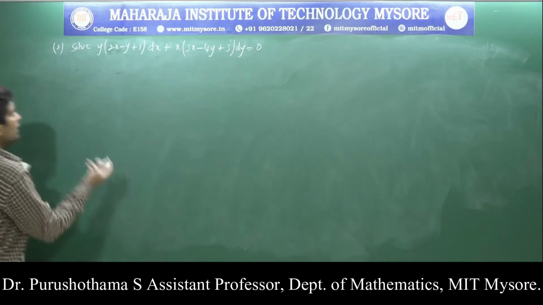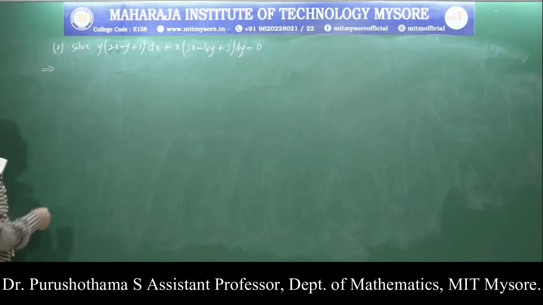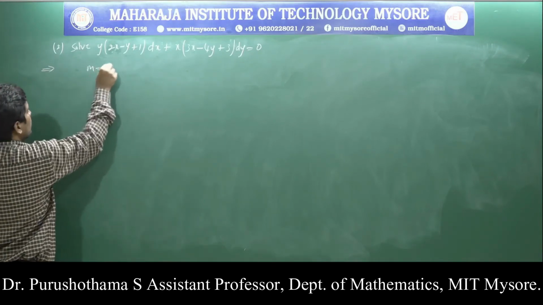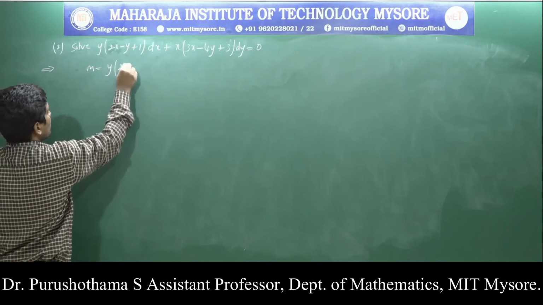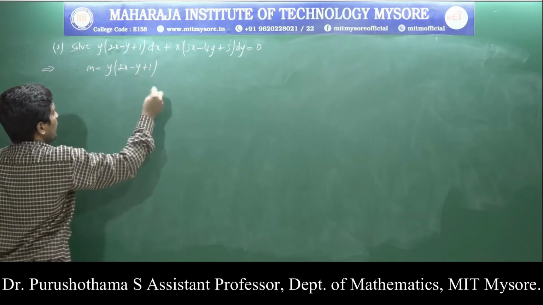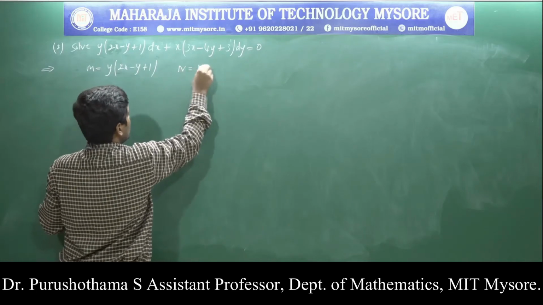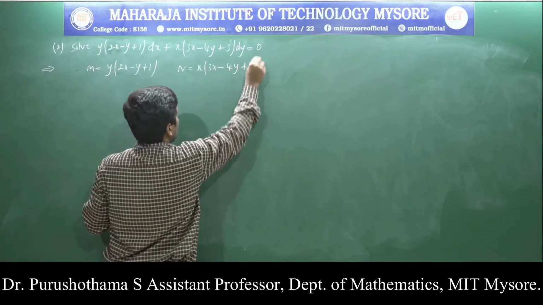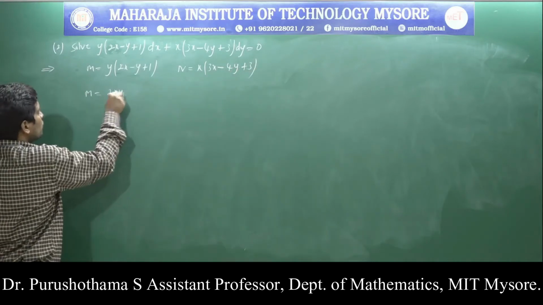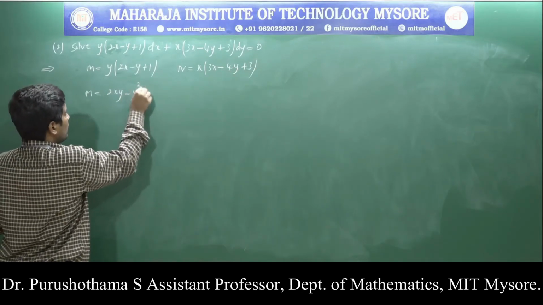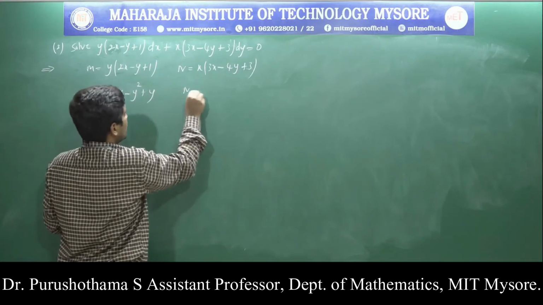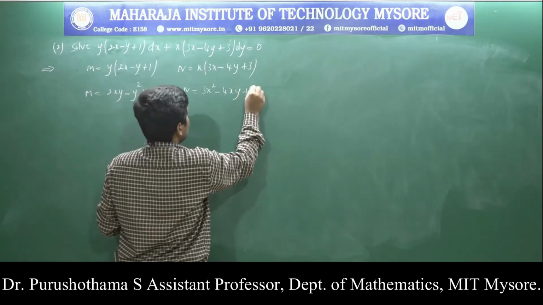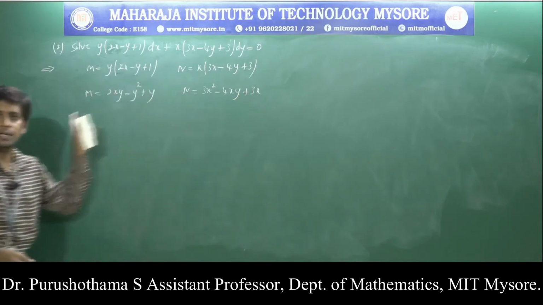After comparing with the standard form, M is equal to y times (2x minus y plus 1), which is 2xy minus y squared plus y, and N is equal to x times (3x minus 4y plus 3), which is 3x squared minus 4xy plus 3x.